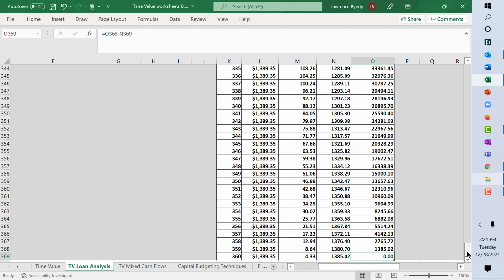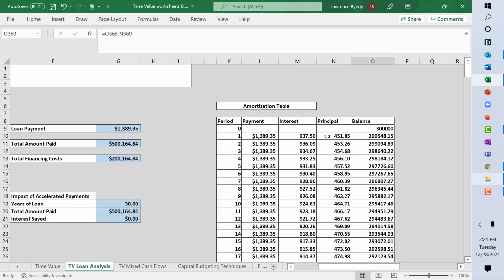You owe nothing. The house is paid off. If you scroll back up here, what it does is it separates the payment into interest and principal. Now, your bank does this for you because the interest on a residence could be tax deductible if you can itemize your taxes, but you don't get to itemize the principal.